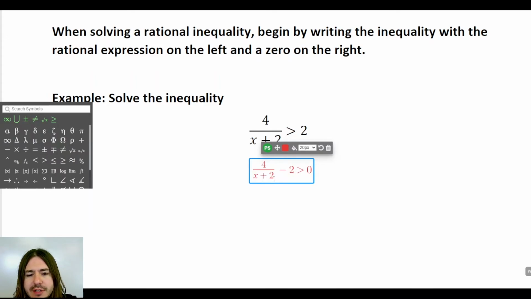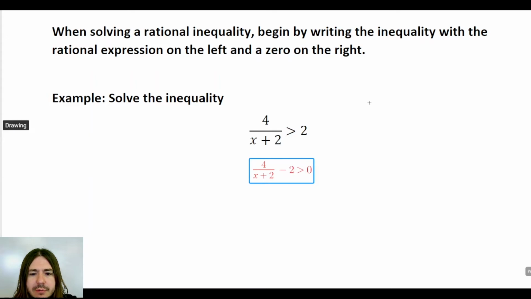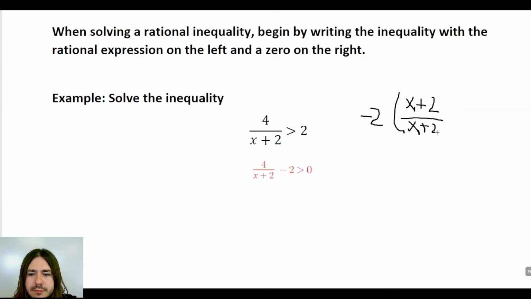And so the common denominator here is just going to be this x plus 2. So effectively what I'm going to do is multiply negative 2 by x plus 2 over x plus 2. Okay, and that will give me my common denominator. So let's see what that's going to look like here.